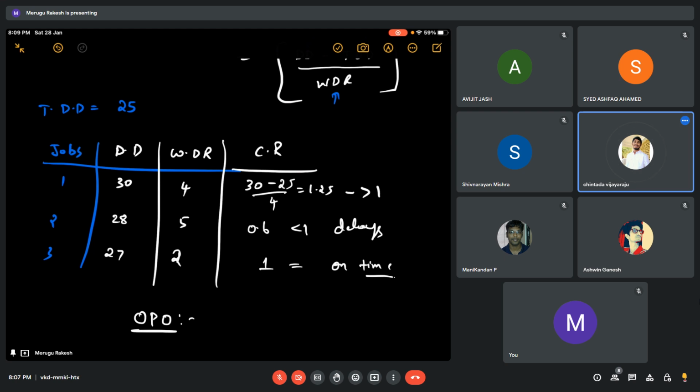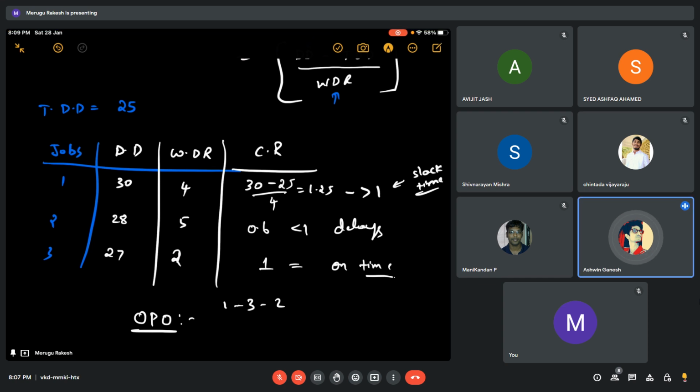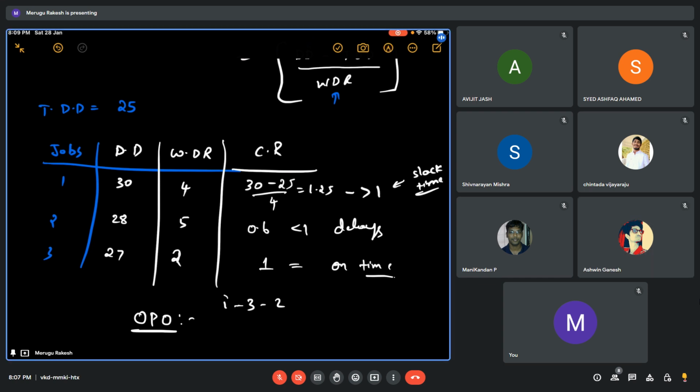One three two, 132. Suppose let us follow 132. So job 1 has a ratio greater than 1, meaning it has slack time; I have time, I don't have any hurry, so I will not keep 1 here.